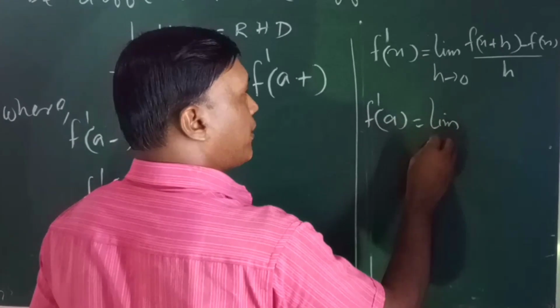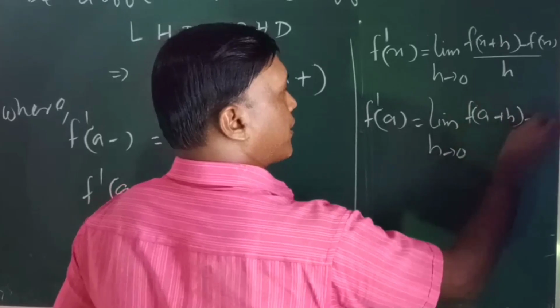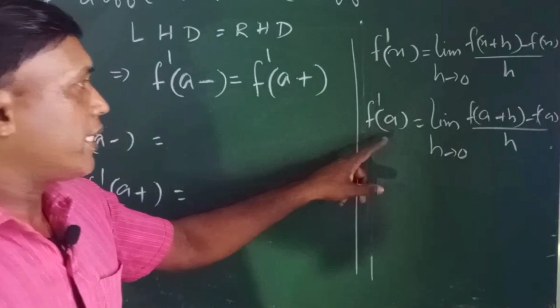This is the limit h tends to 0 of f of a plus h minus f of a by h. This is the derivative at x is equal to a.